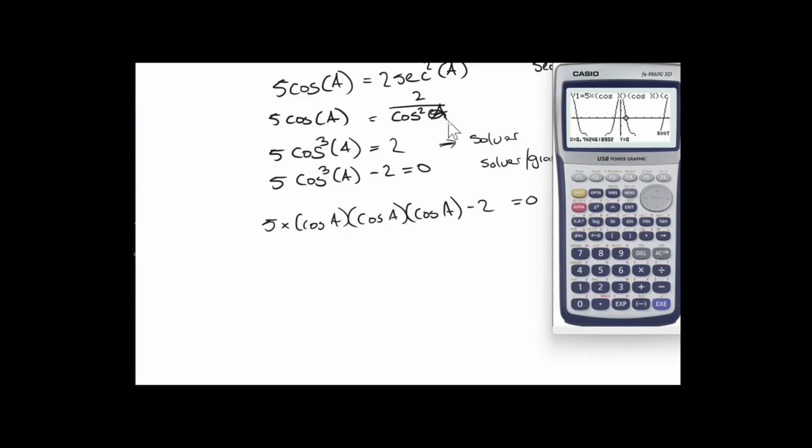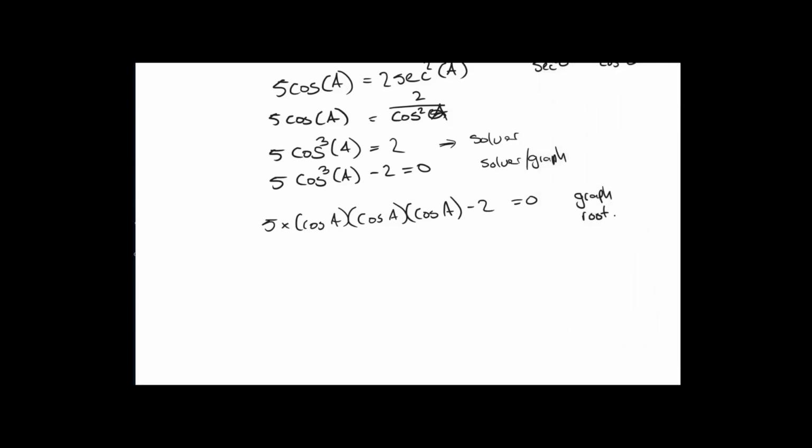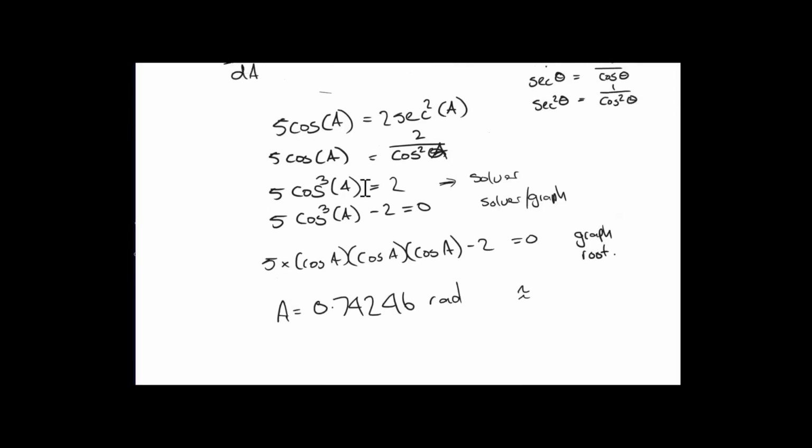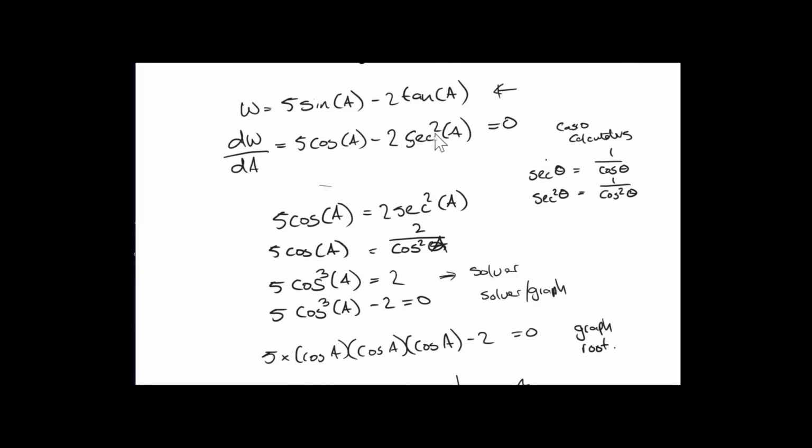We should be able to find, using the original equation, what W was. So A we've got equals 0.74246 radians. I don't know what that is in degrees. And then we're going to put that into the equation up here.